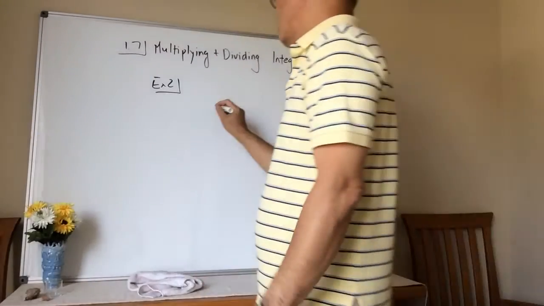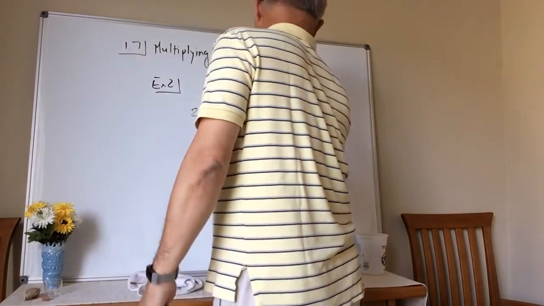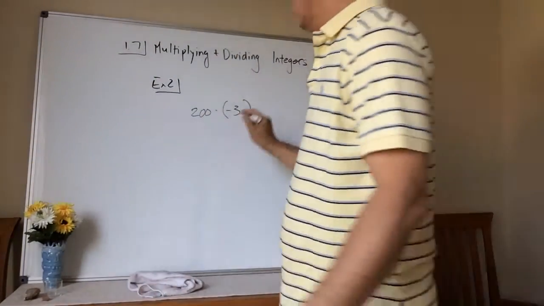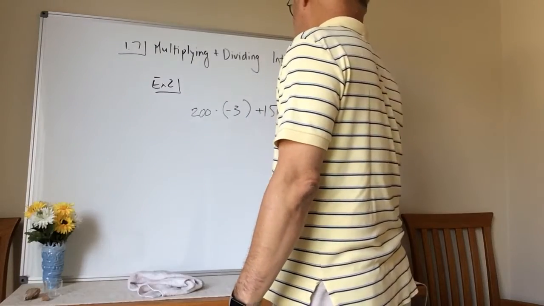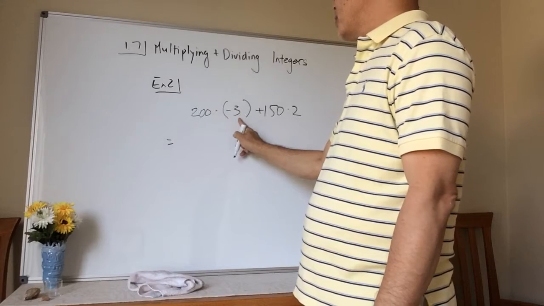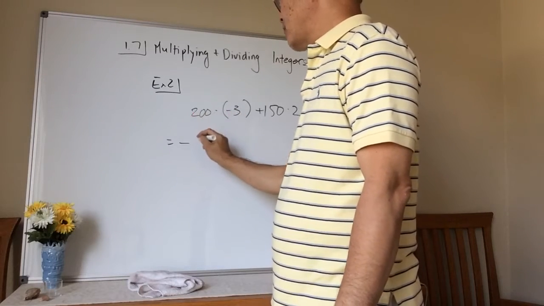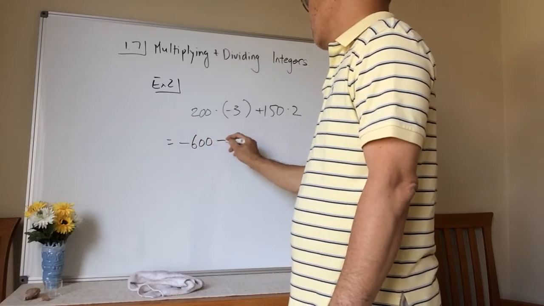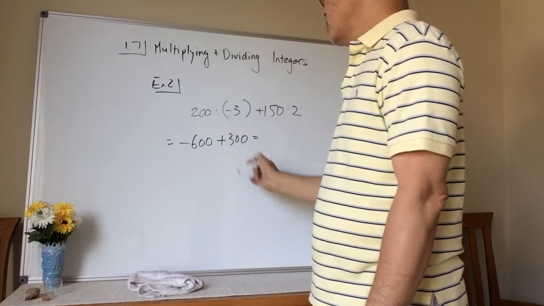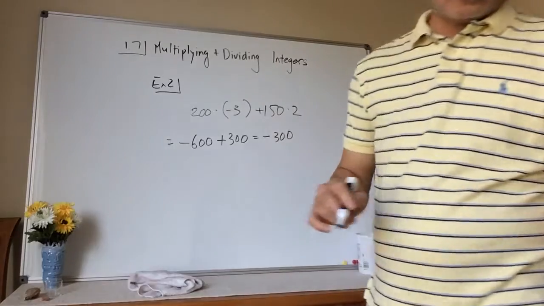So it's 200 times negative 3, and we add to that 150 times 2. 200 times 3 is 600, but with the negative we have negative 600. 2 times 150 is 300. Adding these together, we get negative 300.